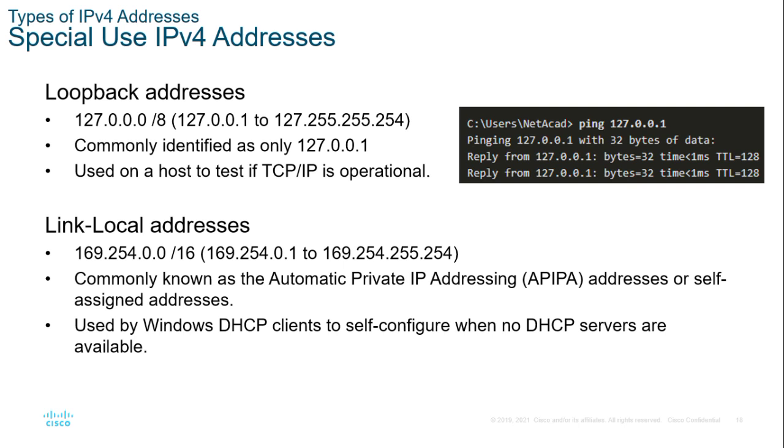This means it can allow two computers to communicate when there are no DHCP servers available. So if you connected two PCs back to back using a cable, they'd be able to communicate with each other without the user having to configure static IP addresses. The PCs would simply use IP addresses in this range and be able to communicate with each other.